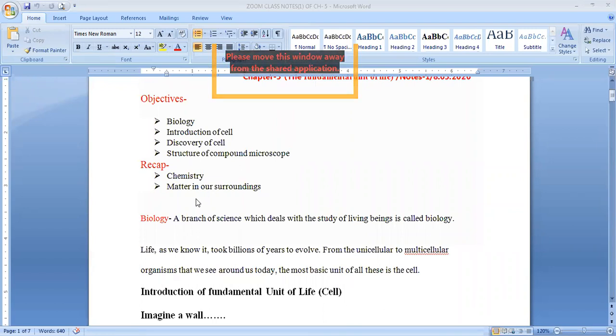And we have read the first chapter of chemistry, that is matter in our surrounding. So we have already discussed matter in our first chapter.